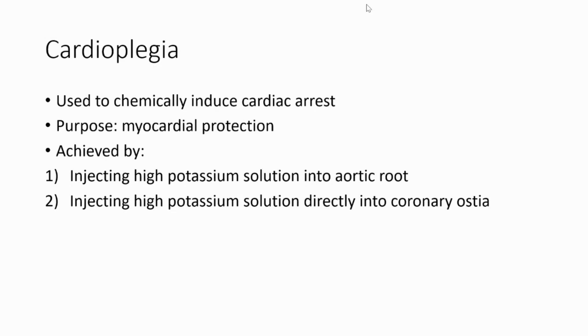The second option, if we're opening the aorta, creating an aortotomy to do a valve operation, is we take a small cannula and we inject the high potassium solution directly into the left and right coronary ostia. The purpose of these is both to arrest the heart, as I said, for myocardial protection.